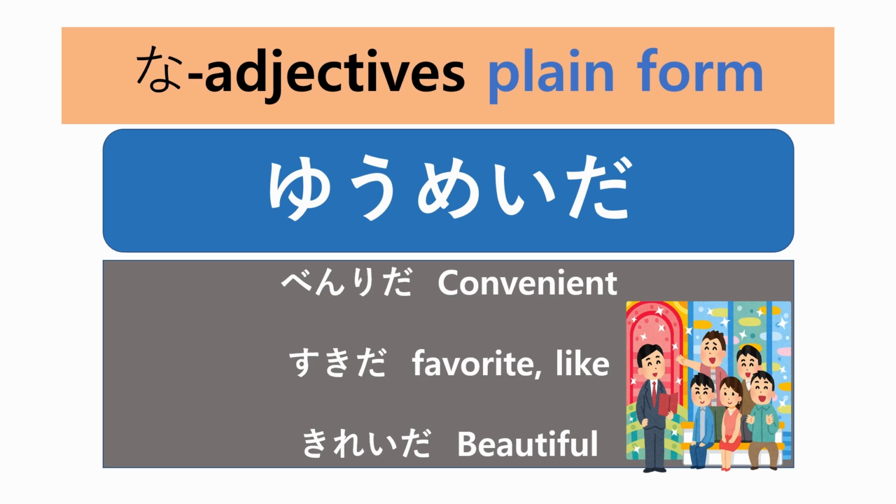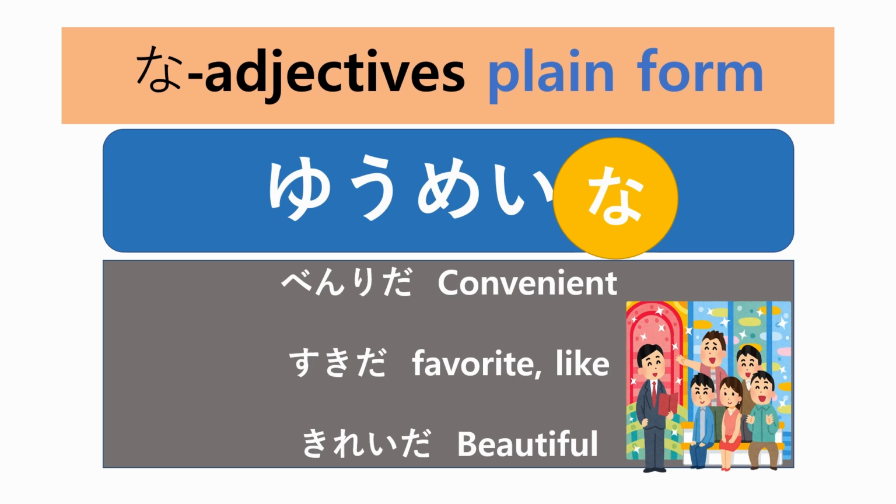For example, in the case of famous person, you can say 有名な人. Na-adjectives end in だ in their basic form, but when they modify a noun, they use na, which is why they are called na-adjectives.